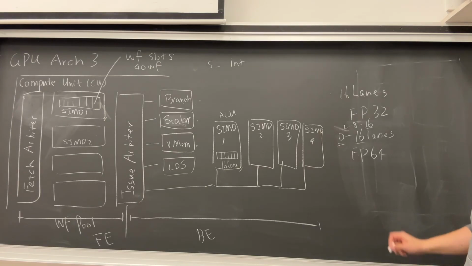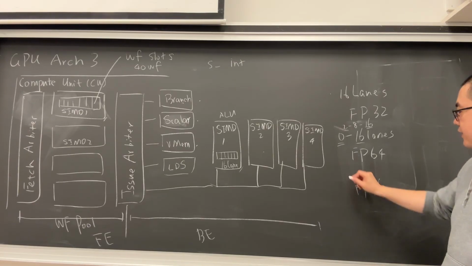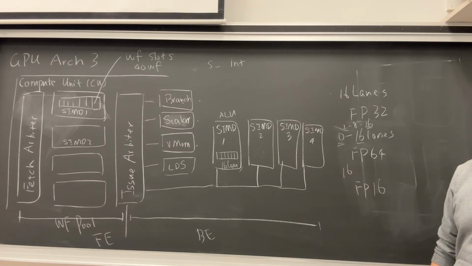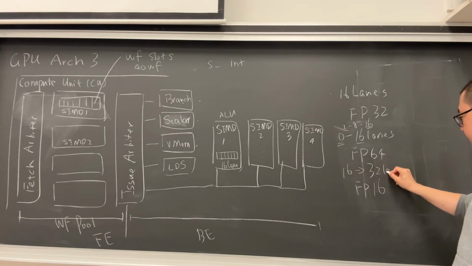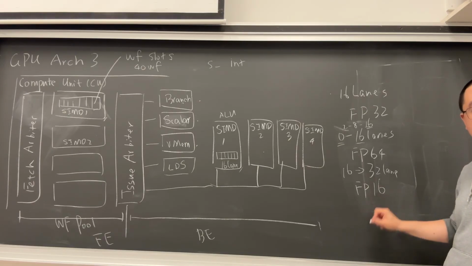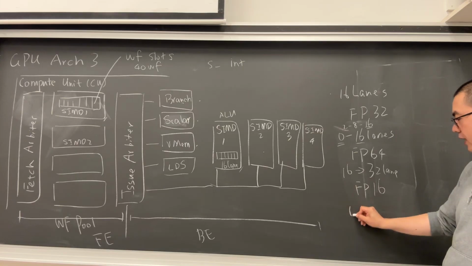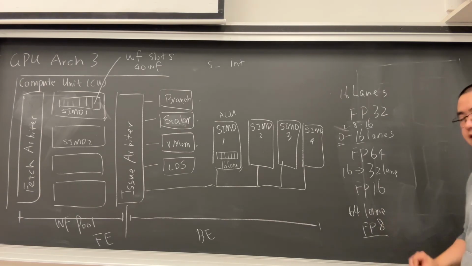Okay. Then we can talk about FP16. In early ages, it's 16. Then as FP16 is getting more and more important, it's growing to 32 lanes. And today we're adding more FP8 and FP4 support, and they're likely to double the number of lanes as we go down in precision, because if we have a smaller precision, the die area is smaller, right?